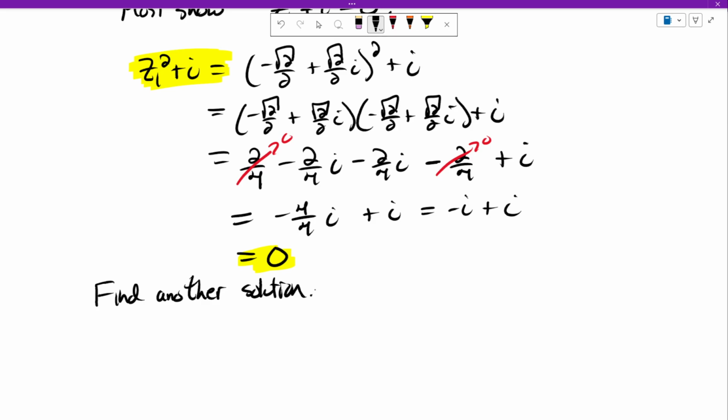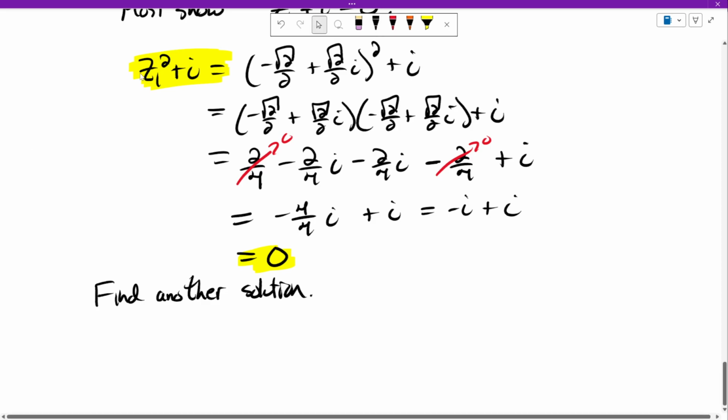How might we guess what another solution is? Well, I know something about the squaring function. I know the squaring function doesn't see negative signs. So, if we looked at negative z1 squared plus i, well, the squaring function kills the negative. We get z1 squared plus i.